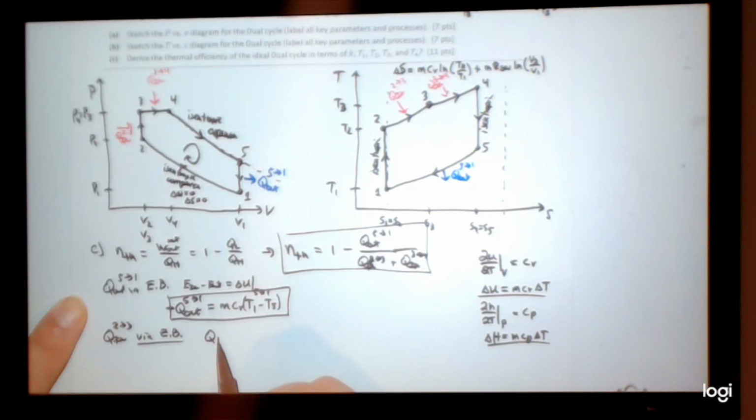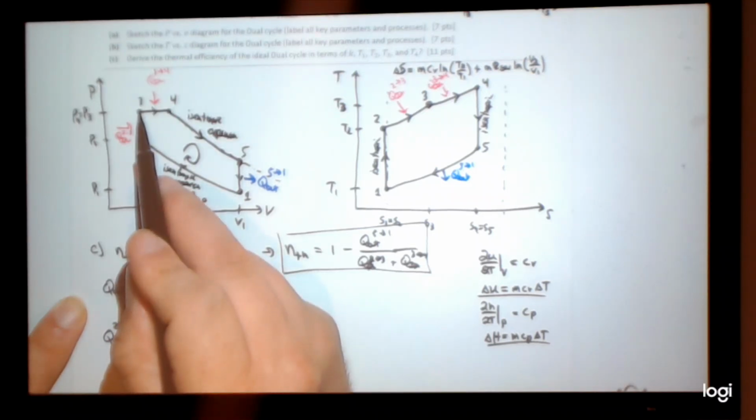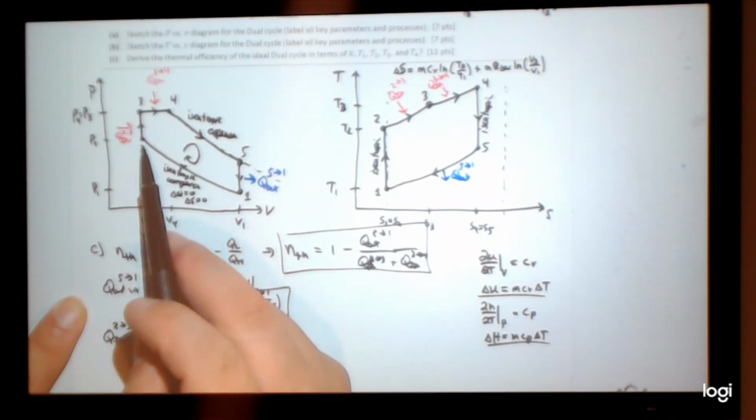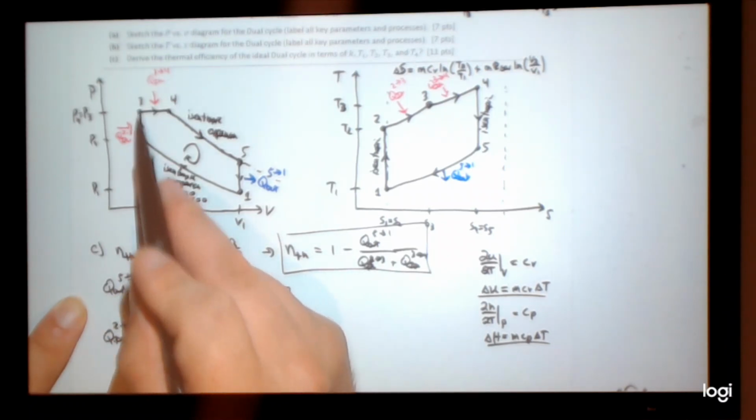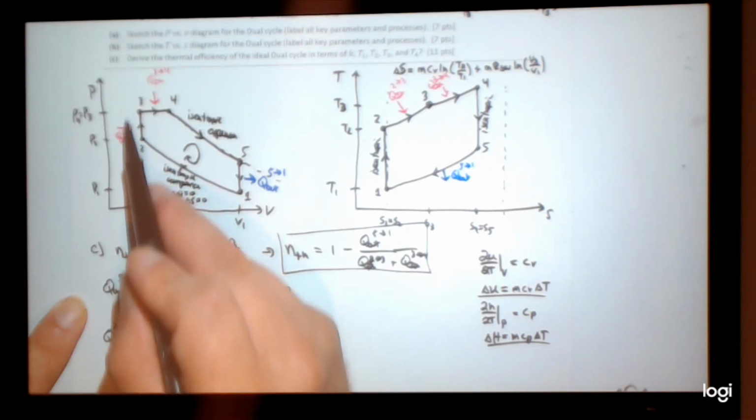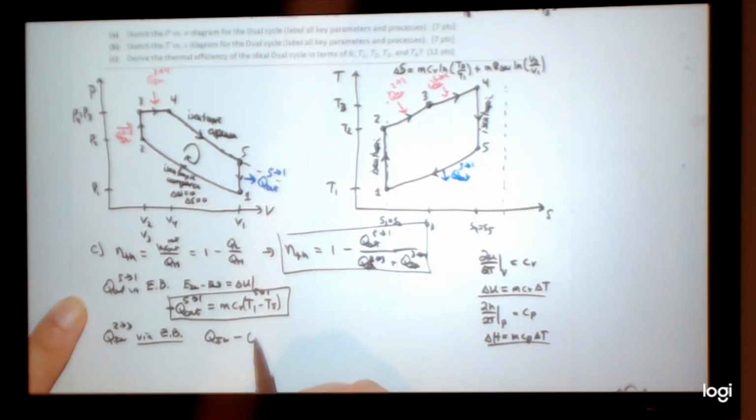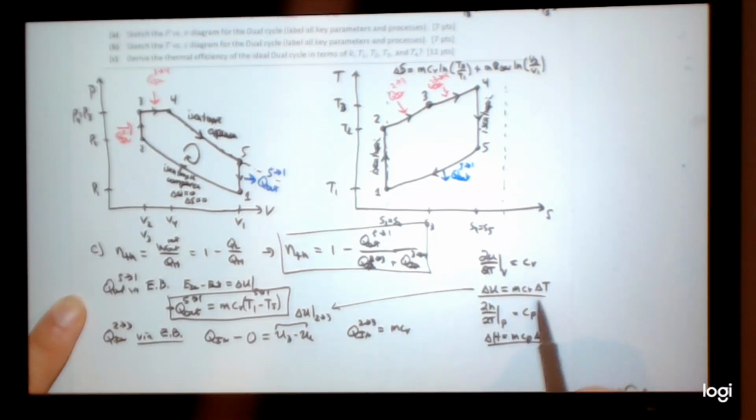Well, basically I get QN 2 to 3, no mass in, no boundary work, minus no mass out, no boundary work, no heat out, minus 0, equals U3 minus U2. Of course, this is my delta U 2 to 3. And of course, applying this, what do I get? QN 2 to 3 equals m CV, and then I have T3 minus T2.